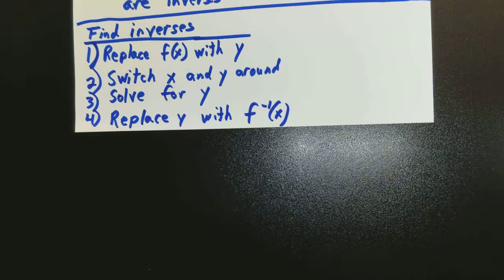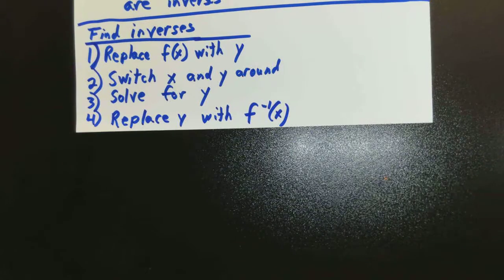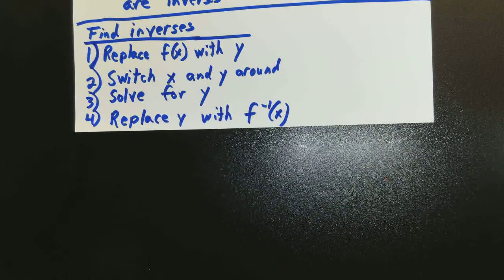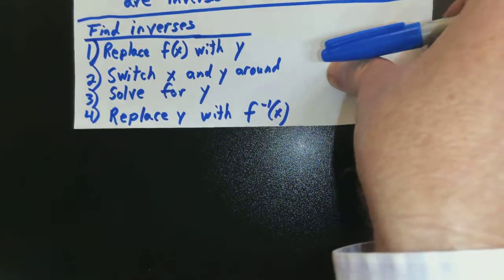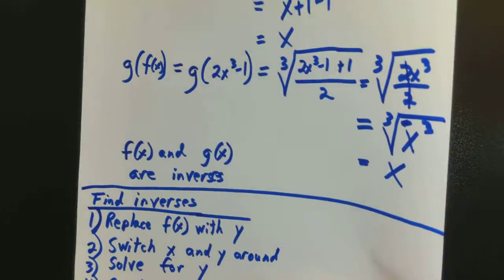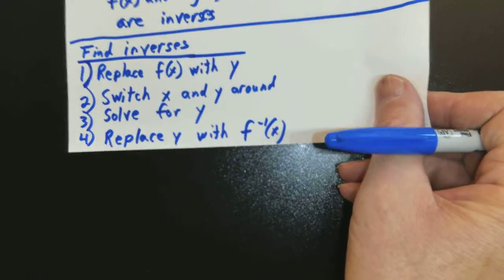It's a 4-step process. Let's do it for a couple. Everybody got that down?